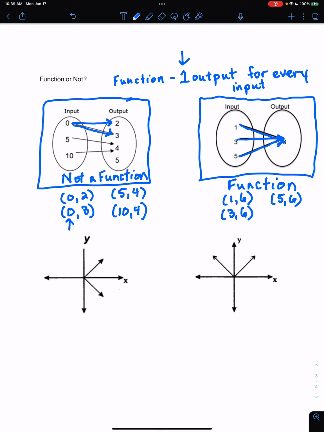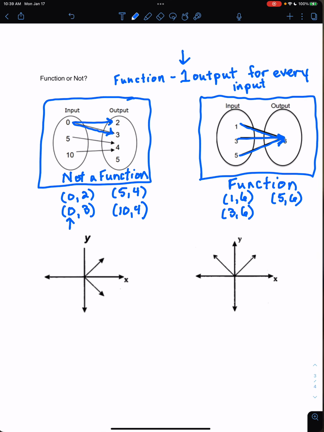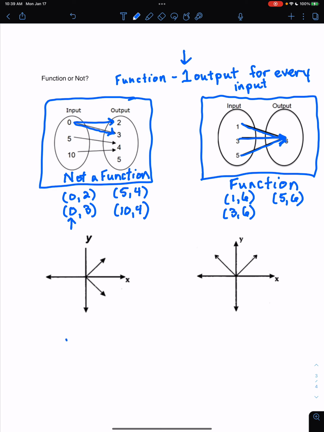Now, let's look at what that means in terms of a graph. Some of you may have heard of the test for a function called the vertical line test.